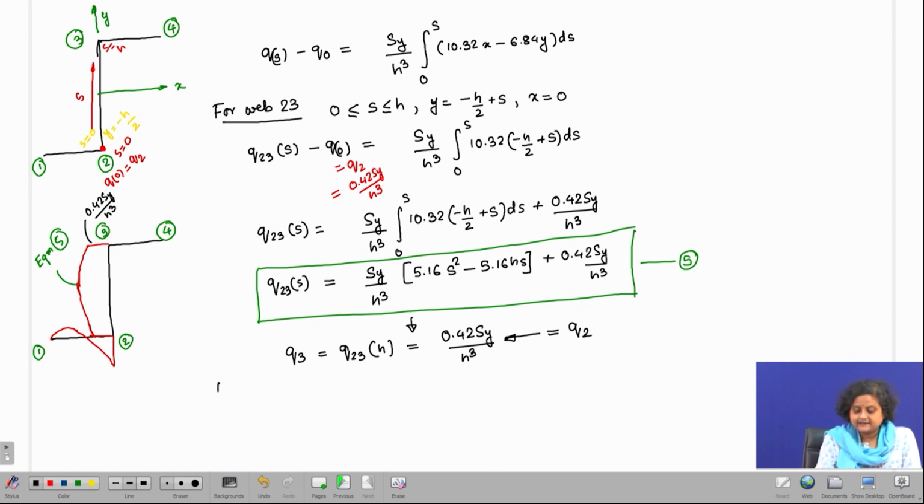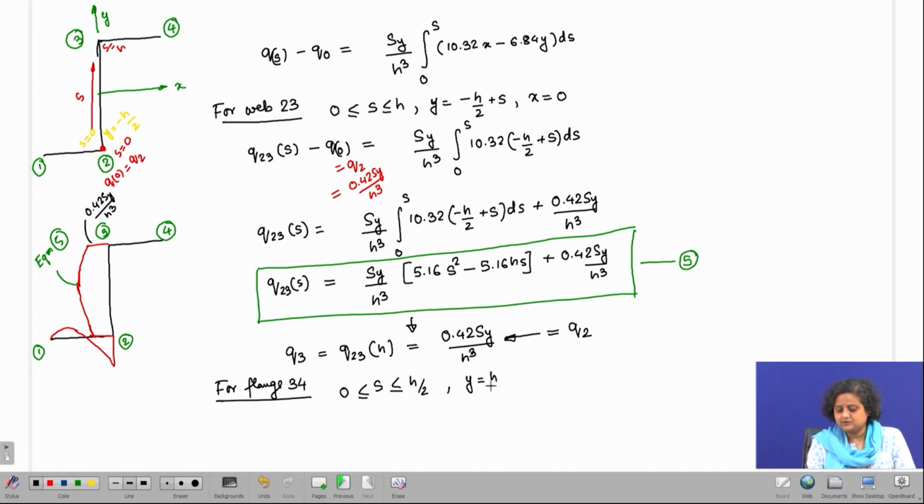Now, for flange 3-4, we can as well use the same method that we have used, saying that S lies between 0 and H by 2 and Y is equal to H by 2 and X is equal to S. When S is equal to 0, X is 0 and so on.